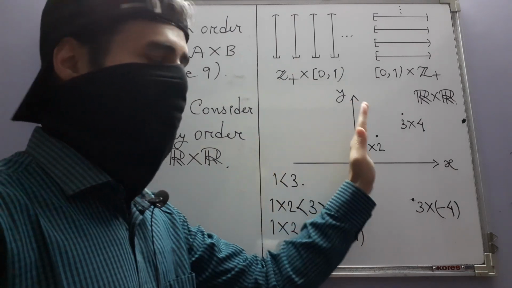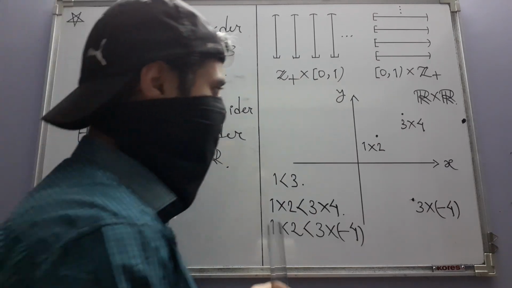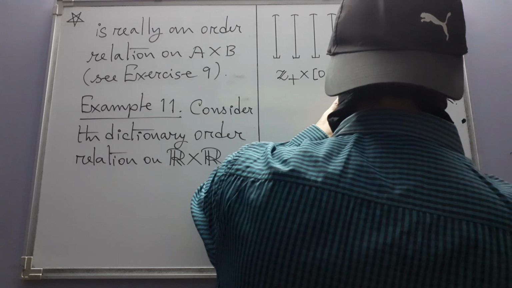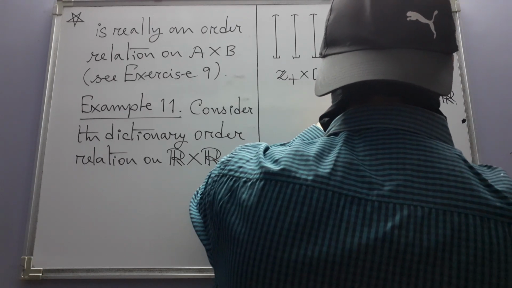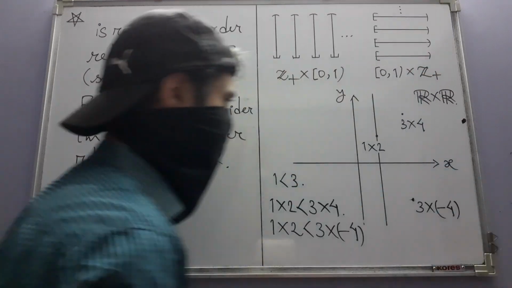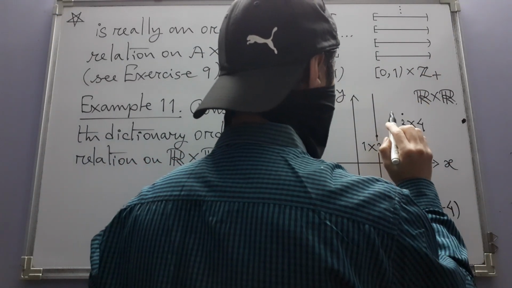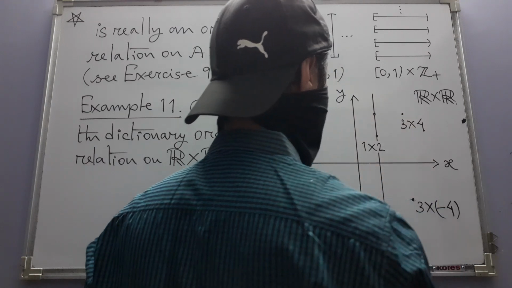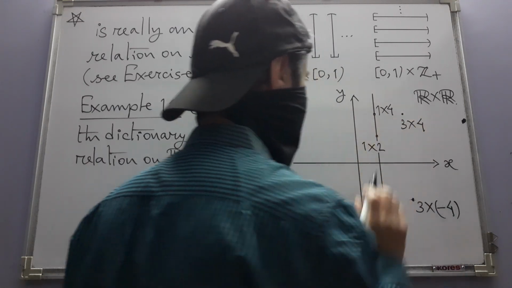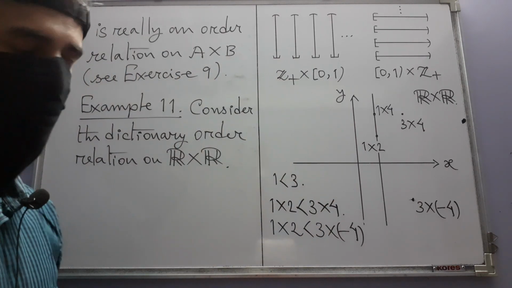But those points lie either to the left of 1, 2 or to the right of 1, 2. What about the points that lie on this line itself? How are they related to 1, 2? This vertical line. Say we can consider this point, which is say 1, 4. Which one is larger and which one is smaller?